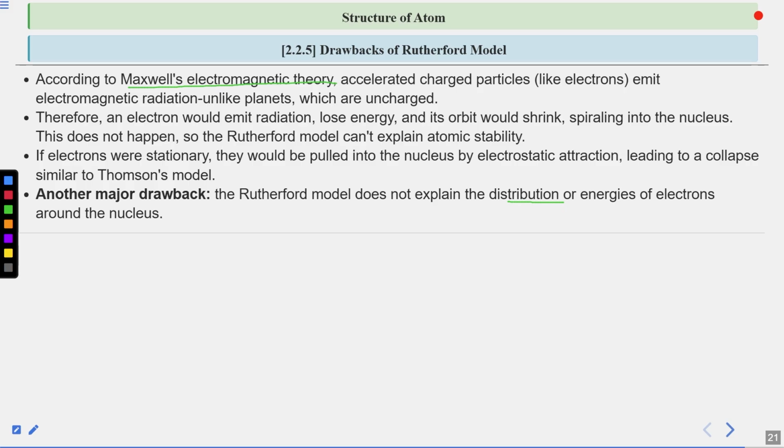Due to these reasons, the Rutherford model was not accepted. Now, the last setback was that he was unable to explain the distribution of energies: how the electrons are distributed, at what distance they are present from the nucleus, and what their corresponding energy is. All of this was not described in the Rutherford model.